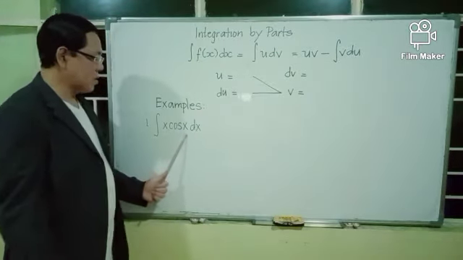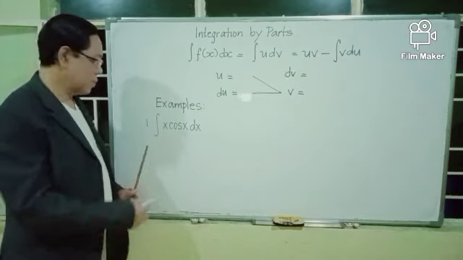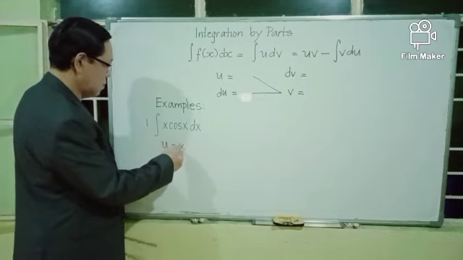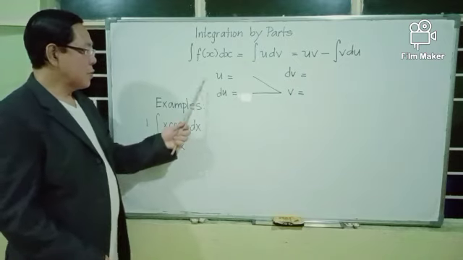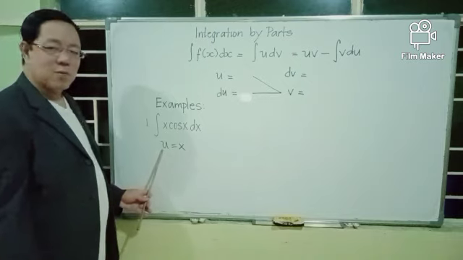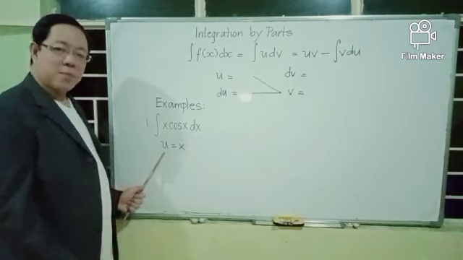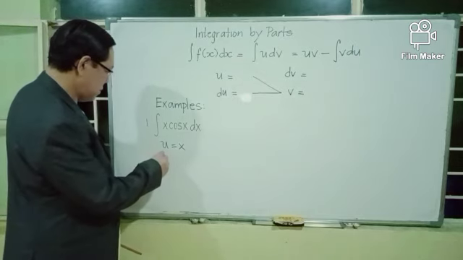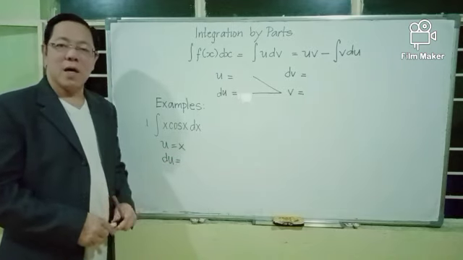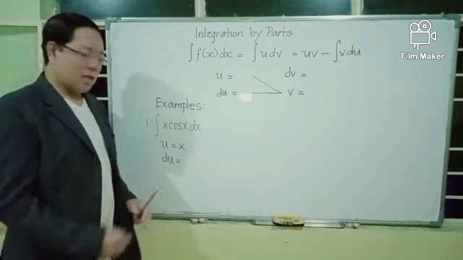For this expression, I will take x as u. u is equal to x, and we differentiate both sides. The left-hand side with respect to u, derivative of u is 1 multiplied by du, equals derivative of x is 1 and multiply 1 by dx.